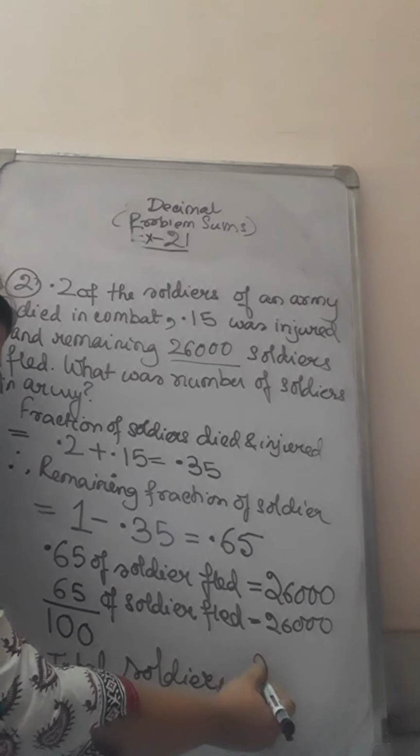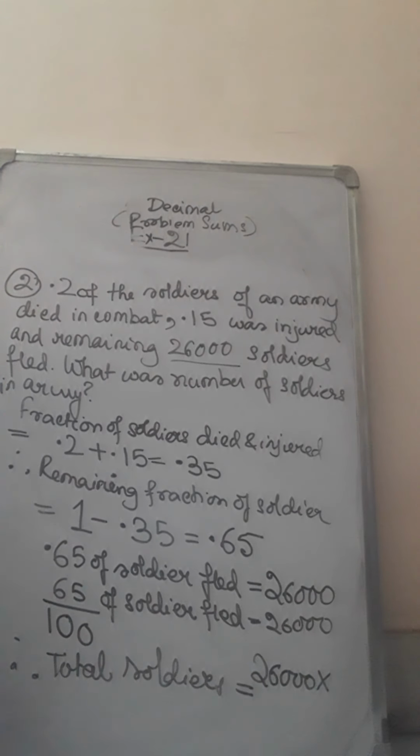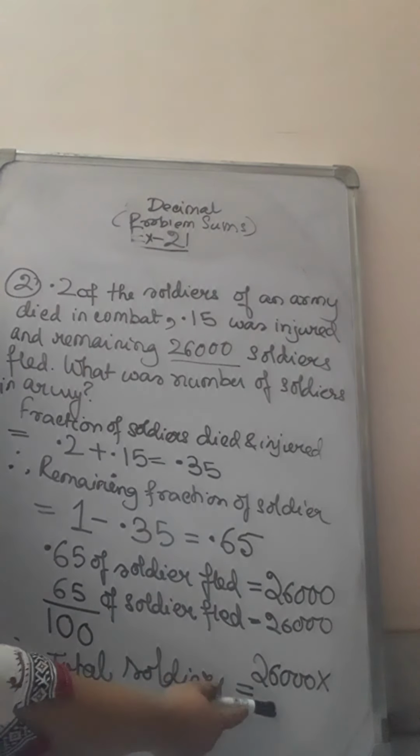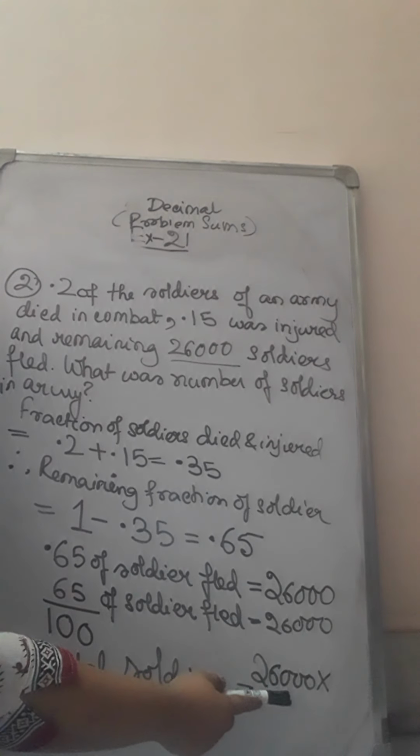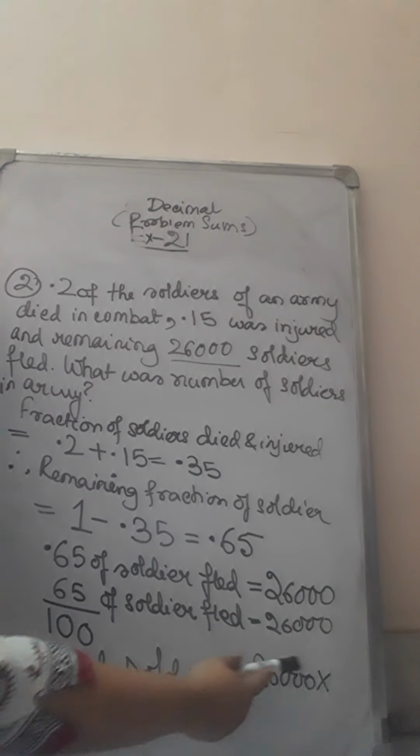So the total number of soldiers will be more than 26,000. So we will multiply 26,000 with a greater fraction, because whenever the required value is more, as we are finding total soldiers, and the remaining soldiers are already given, the required value is more than the remaining soldiers, so we have to multiply with a greater-than-one fraction.